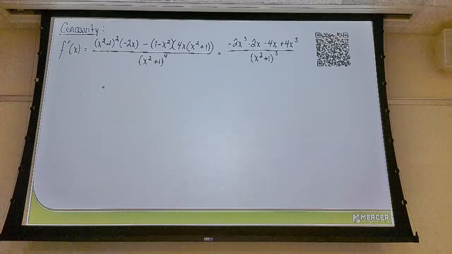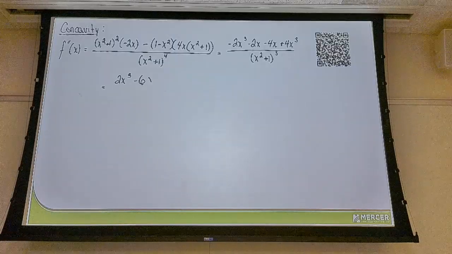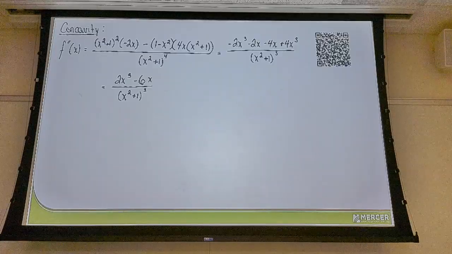Looks like we get what? 2x cubed plus 6, minus 6x? That's plus. Why is it plus? No, you're right. We were trying to do this. Yes!